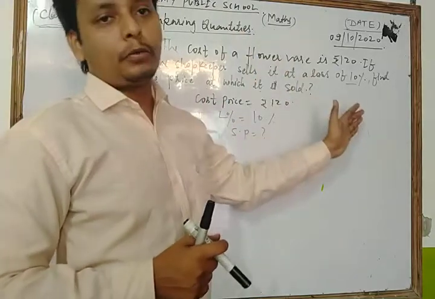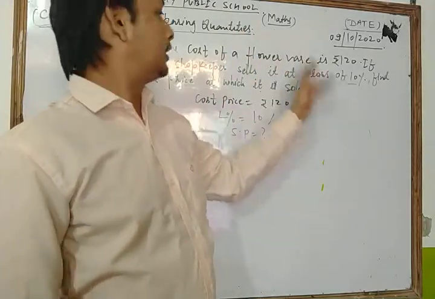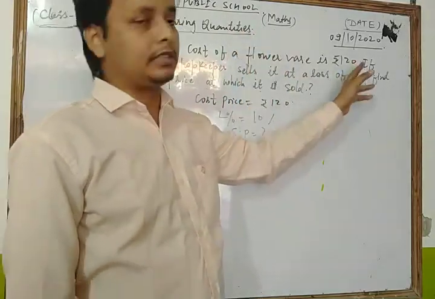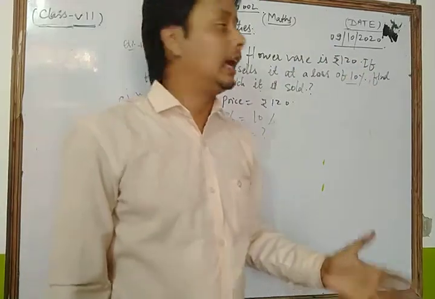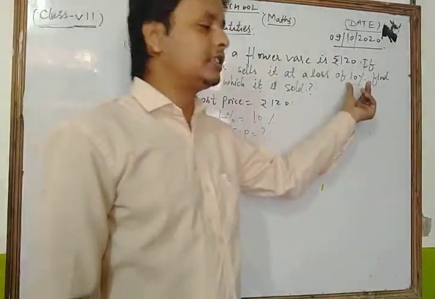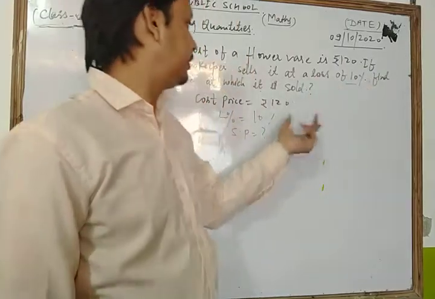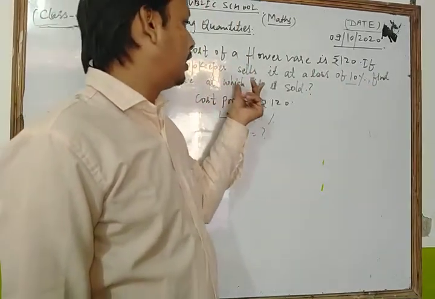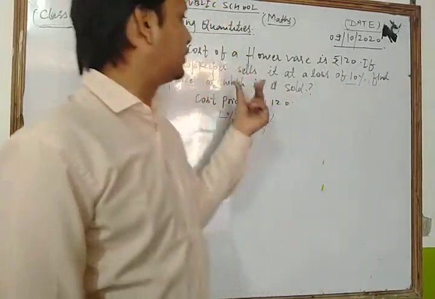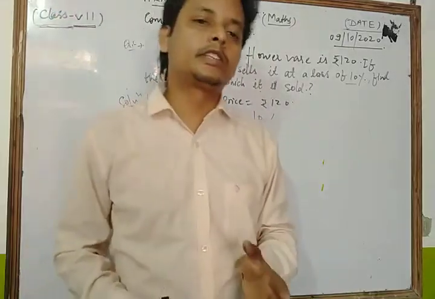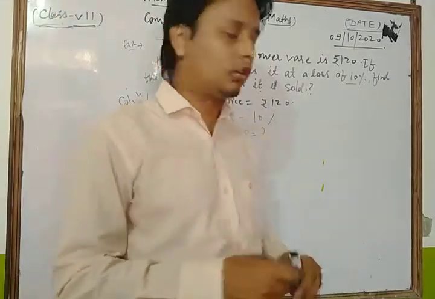Dear student, this is a very important question based on profit and loss. Here the cost price is given, and also the loss percent is given, and we will find the selling price of that object, the flower vase. Now look at its solution.